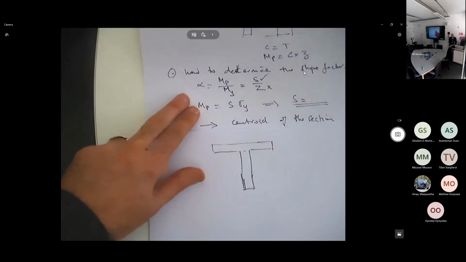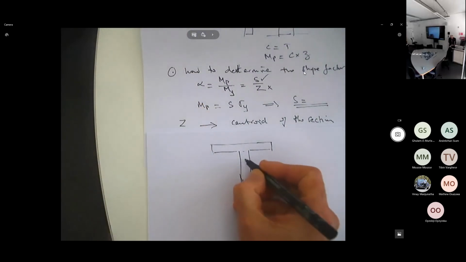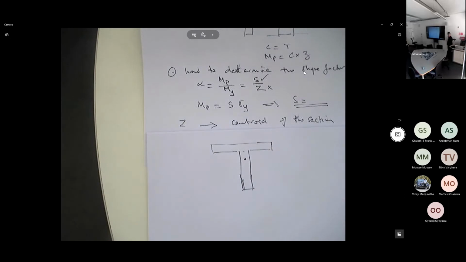And then you need to determine the centroid, which will be somewhere there, okay? Are you all comfortable with determining the centroid of any shape? Because you need to do that.